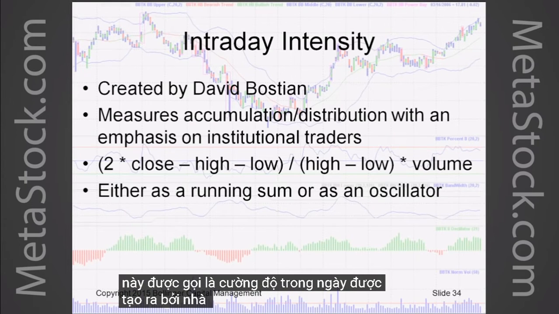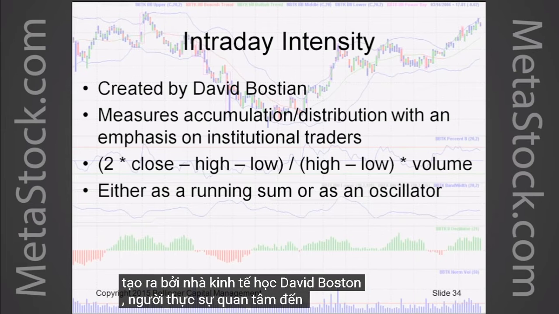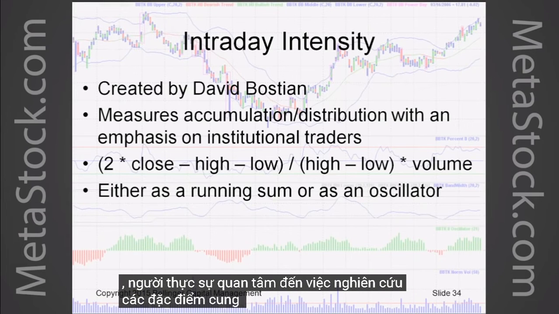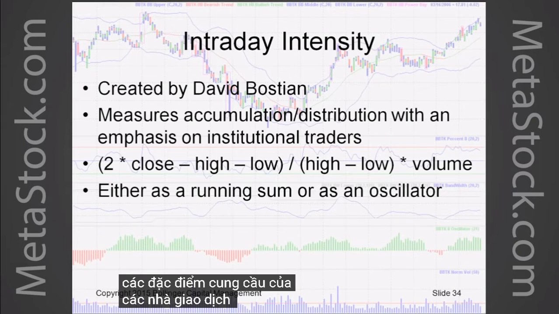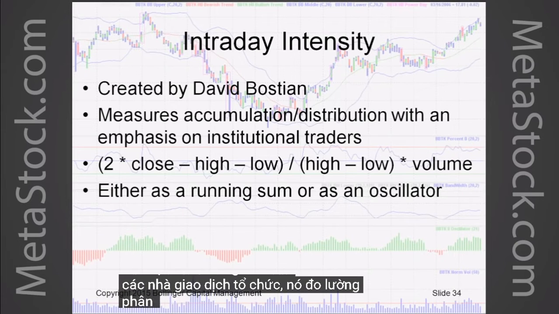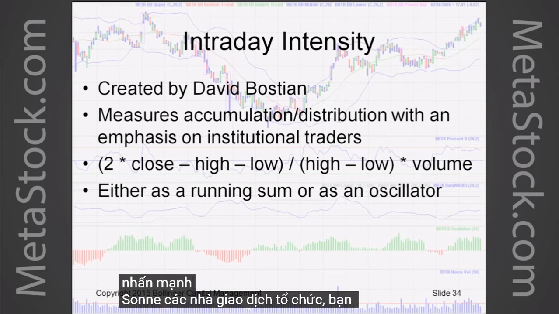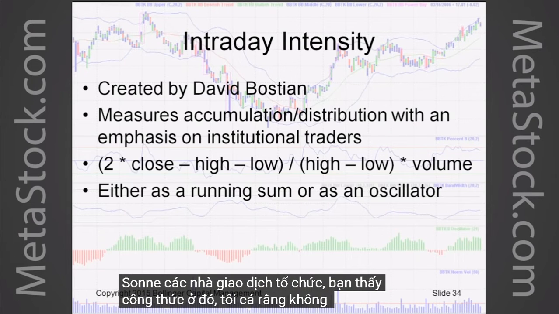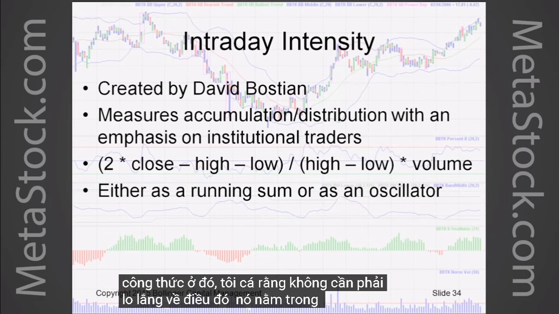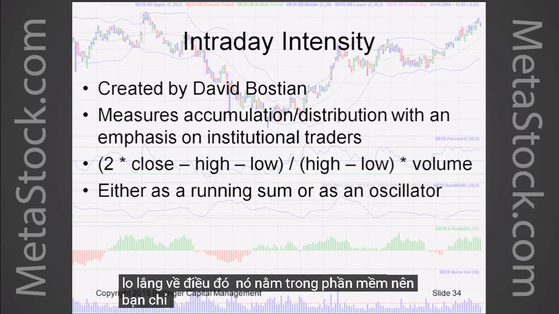It was created by the economist David Bostian, who was really interested in studying the supply-demand characteristics of institutional traders. This measures accumulation and distribution with an emphasis on institutional traders. And you see the formula there. There's no need to worry about that. It's in the software, so you can just use it as is.